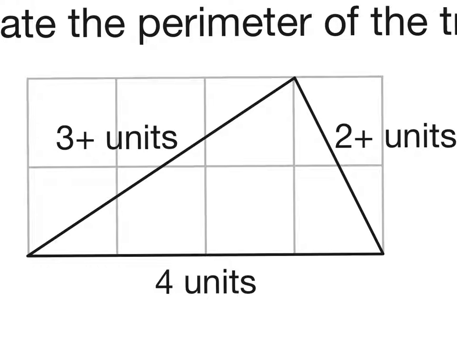So I've moved down here to show you now how to do the perimeter, because what we were doing in there is the area, the inside of the object. Now we want to talk about the outside. The perimeter is a little bit quicker than trying to find the area, in that you just need to figure out how many squares or units or whatever you want to call these your line goes across.